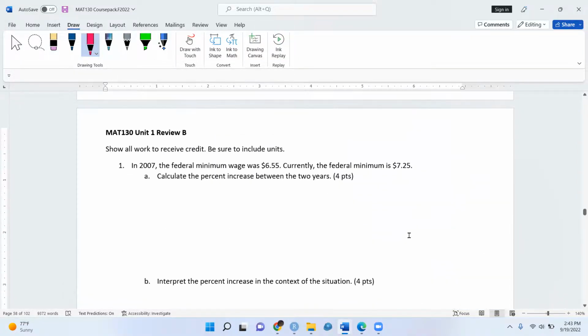Myself and one of my colleagues wrote the worksheets, the reviews, and we write the exam. So those all line up quite nicely. Whereas Alex is not written by me, and so those questions can be phrased a little differently and might look a little different. But same concepts, same questions.